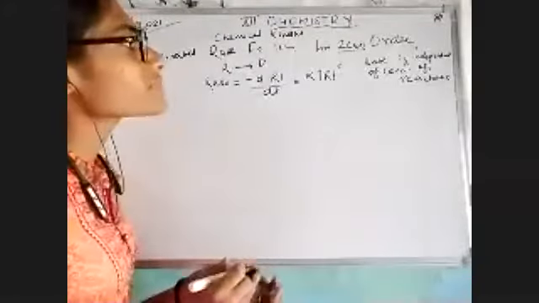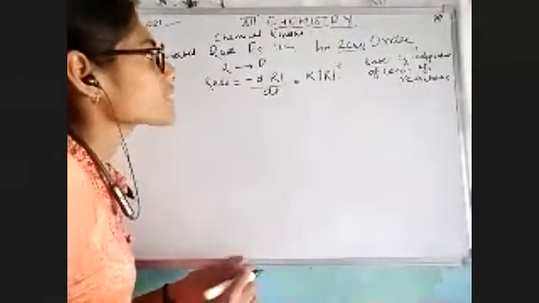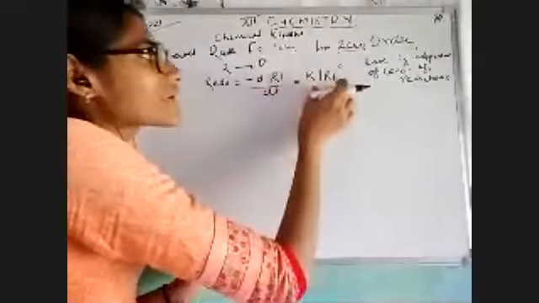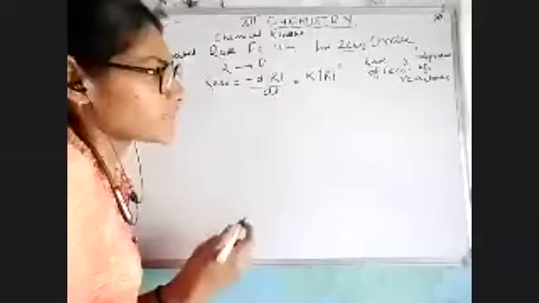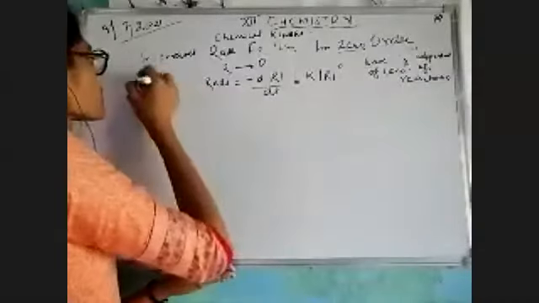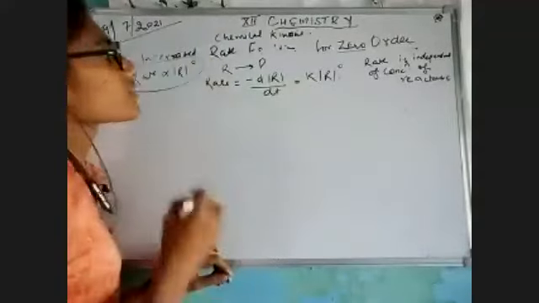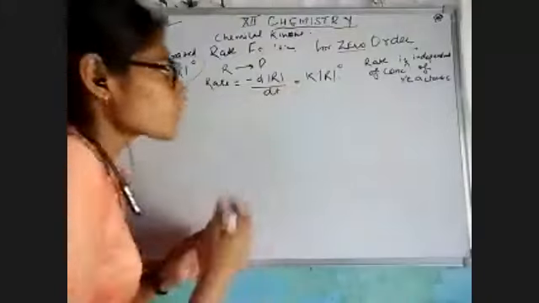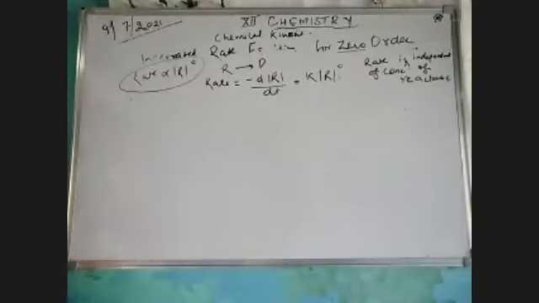So zero order is something in which my rate is independent of the concentration of the reactant, or I would like to say my rate is directly proportional to the zero power of the concentration of the reactant. So I have got this particular concept from this equation. Now we have to solve it, we have to further elaborate it. For elaborating, let's see what it actually suggests to us.